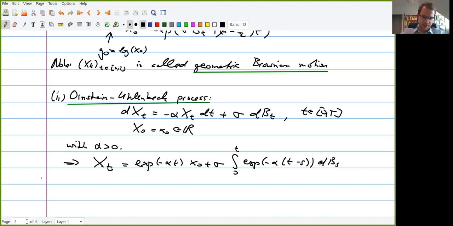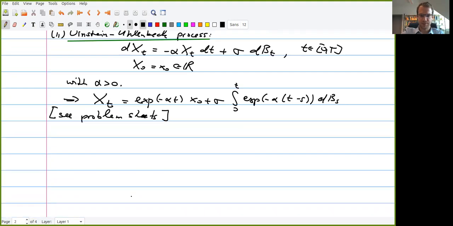And that's your task, to find the solution. All right, so these are two examples, and you will discuss further examples on the problem sheets.